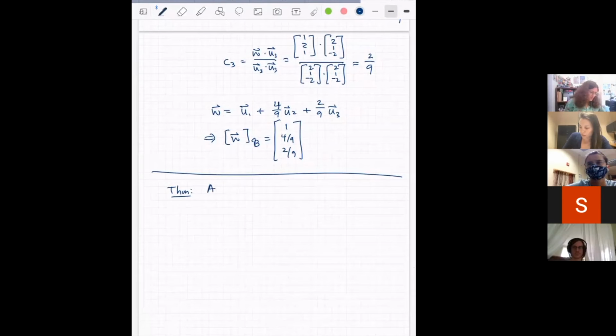When we say a matrix has orthonormal columns, it just means that the columns are pairwise orthogonal, so if we compare them to each other, they're all orthogonal, and also that they have length 1, right?